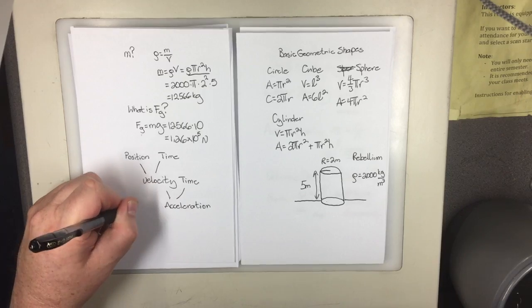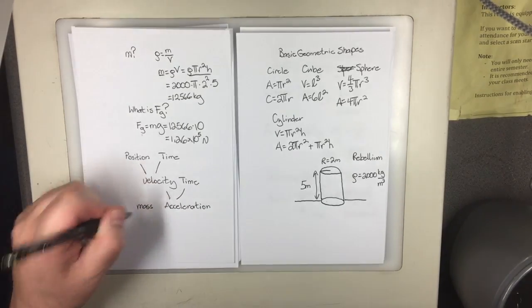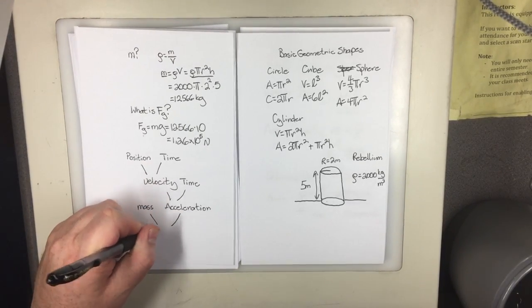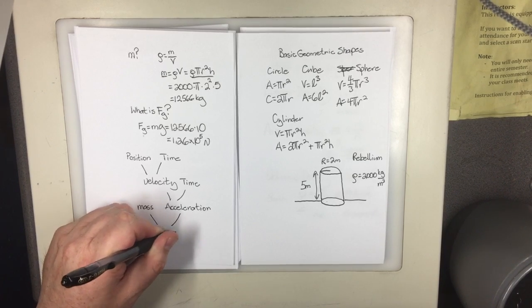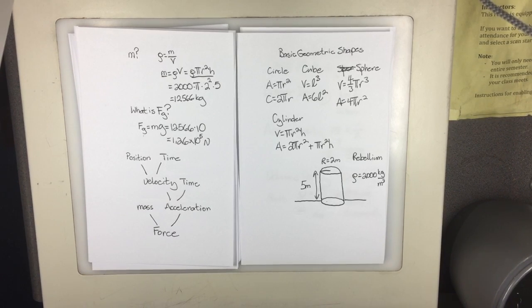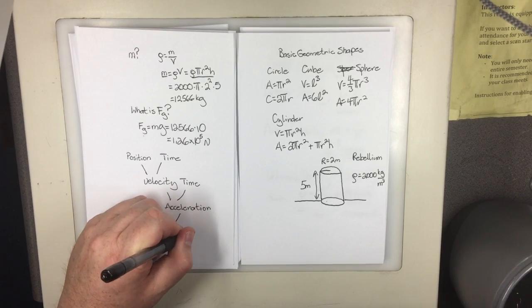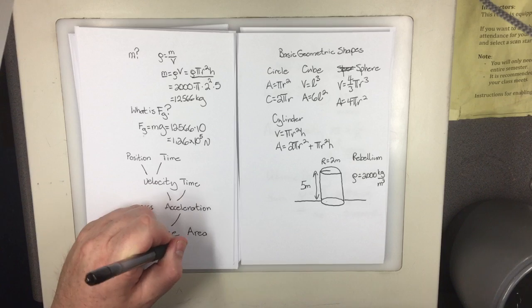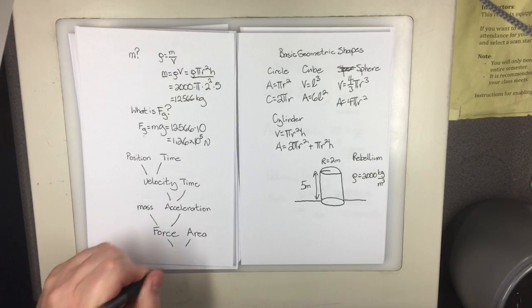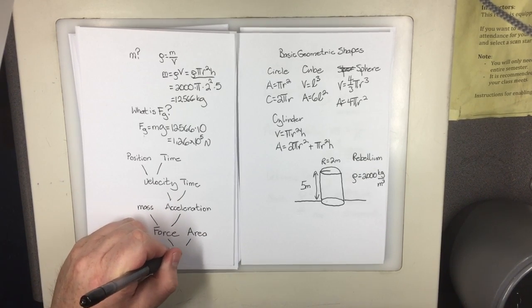When you mix acceleration with mass, you get force. And now we're going to take force and mix it with area, and this is where we get pressure.